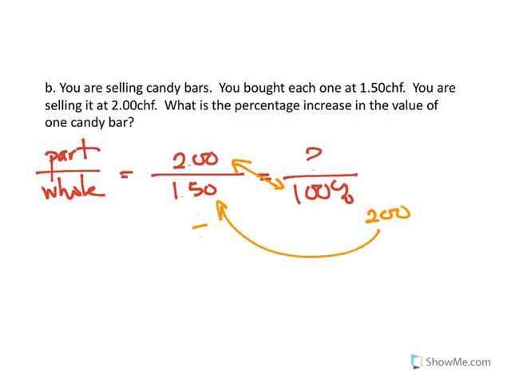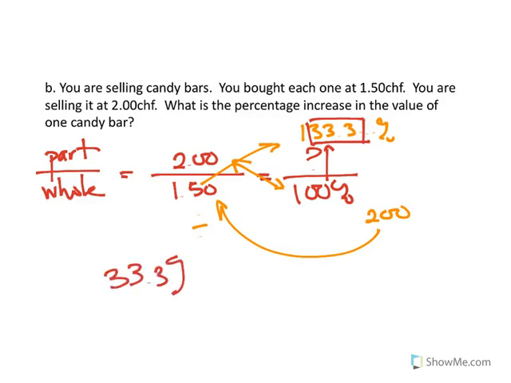I will divide by the remaining number, which ends up giving me 133.3%. Now, what this tells me is my percentage went from 100 to 133. So this right here, 33%, that is my percentage increase. So 33.3% is my percentage increase.